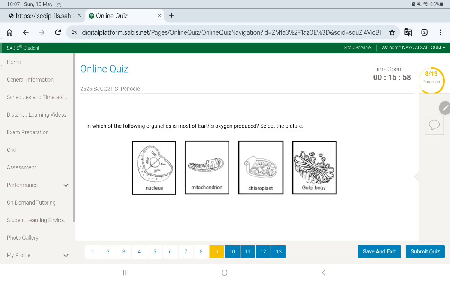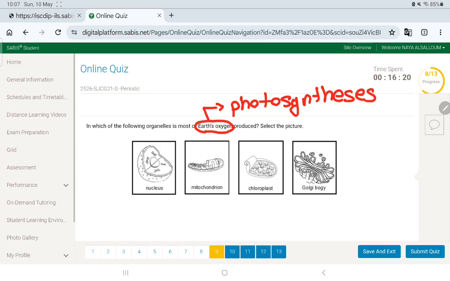In which of the following organelles is most of Earth's oxygen produced? Now, Earth's oxygen, most of it actually comes from photosynthesis. Why photosynthesis? Why not cellular respiration? Why not any other process?